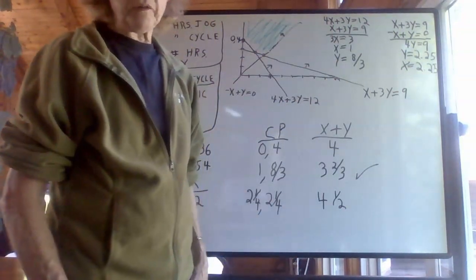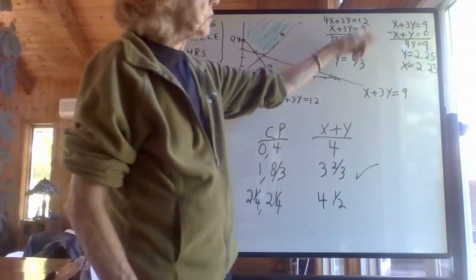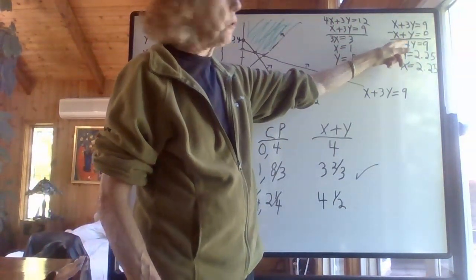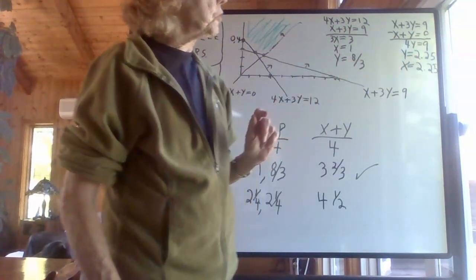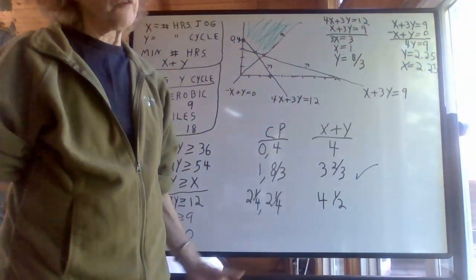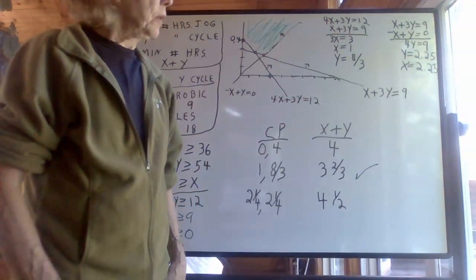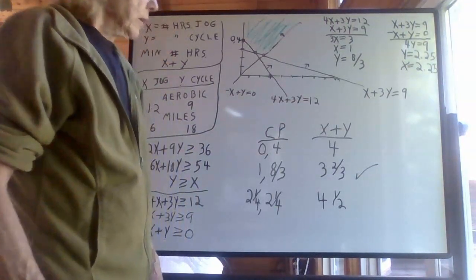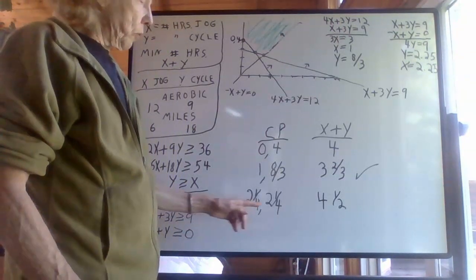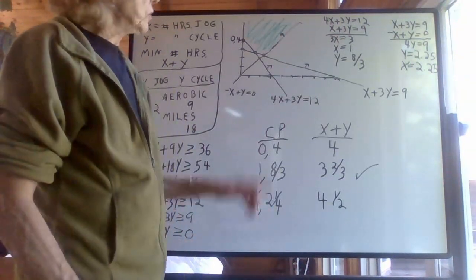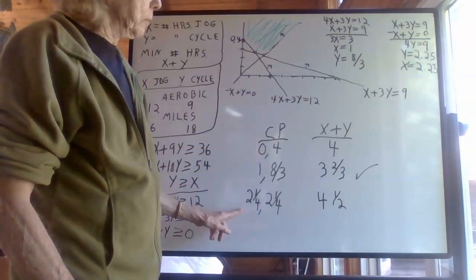Now, when you add those two equations, the x's drop out, and you have 4y equals 9, or y would equal 2 1/4, 2.25 if you prefer. And then x has to equal y, so it would be 2 1/4, 2 1/4. So those are your three corner points, and you line them up.